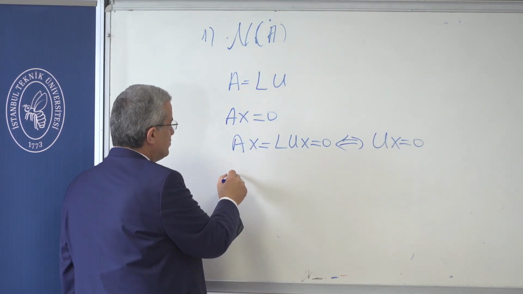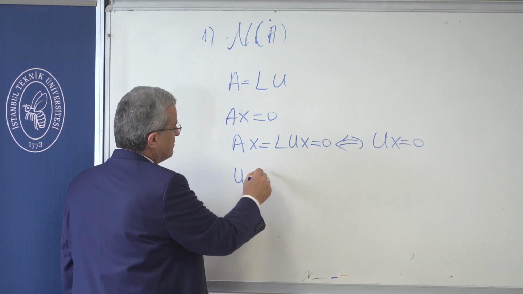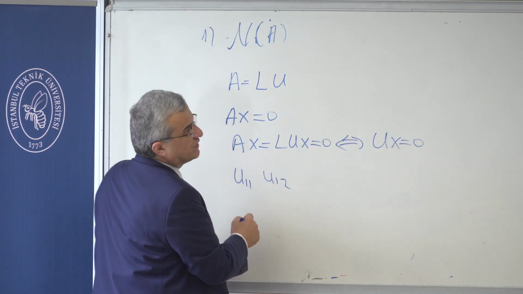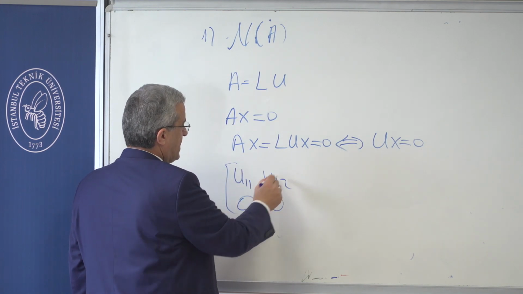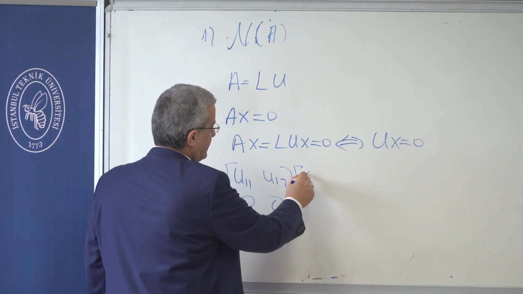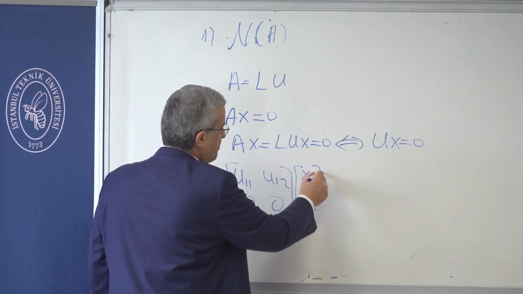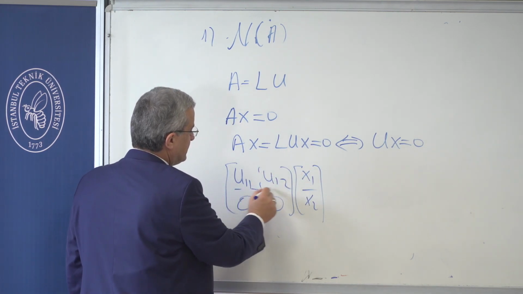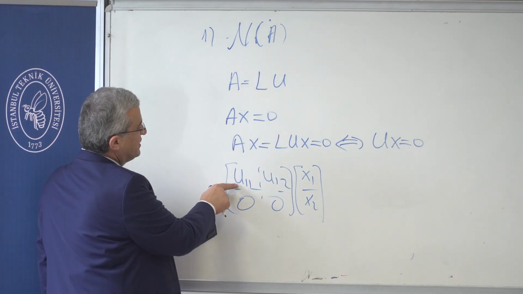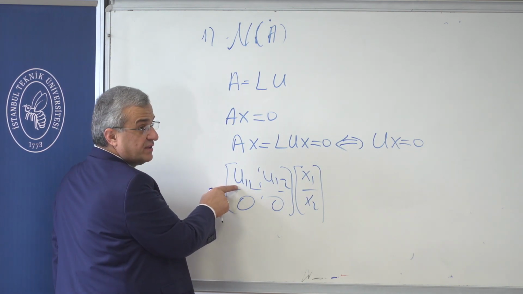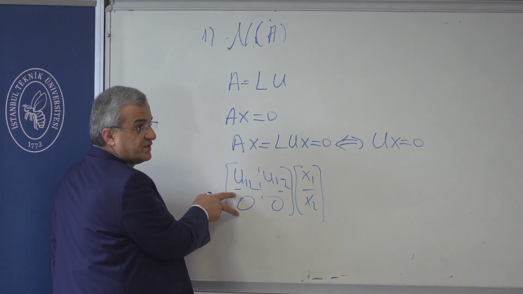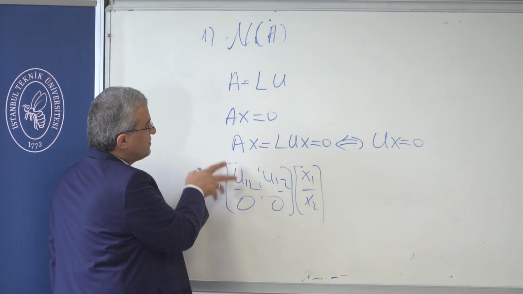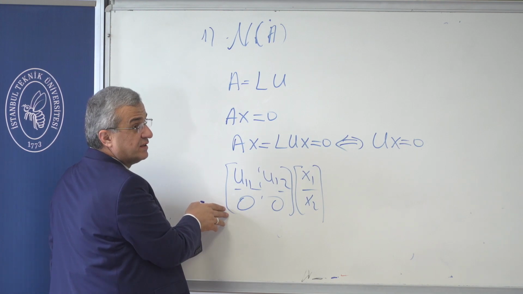So let's look at U. It is U11, U12, 0, 0, times x1, x2. So we partition the matrices, right? How many rows do I have here? r rows. And how many rows are left here? How many rows did I have in A?